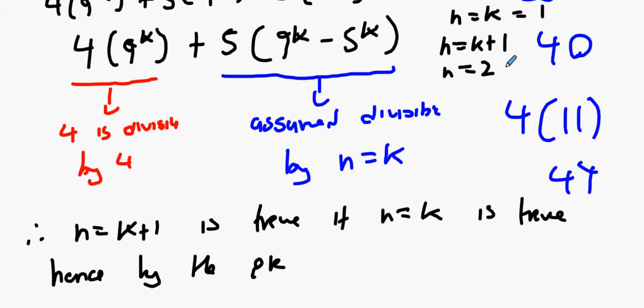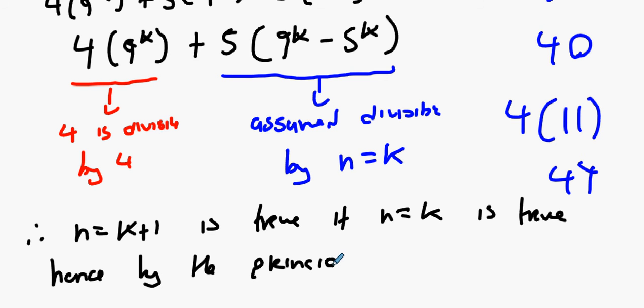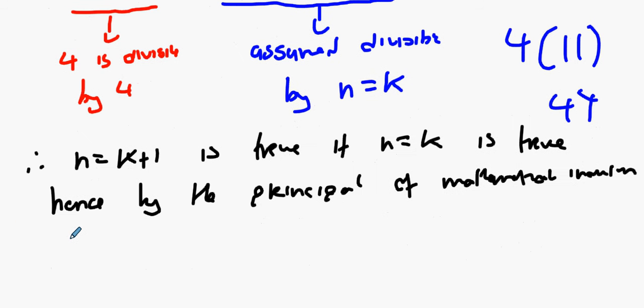And then if n equals 2 is true, that means n equals 3 is true. You don't even have to explain that part. That's what it means by principle of mathematical induction. That explains that. So hence by the principle of mathematical induction, it's divisible by 4 for all n element of natural numbers.